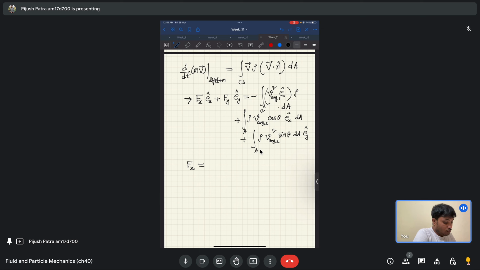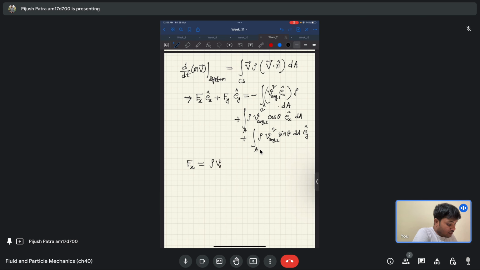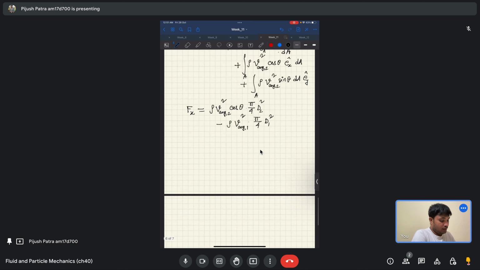So it will be rho v average at 2 square cos theta into pi by 4 d2 square, minus rho v average 1 square into pi by 4 d1 square. So that will be the force along the x-axis. What will be Fy?